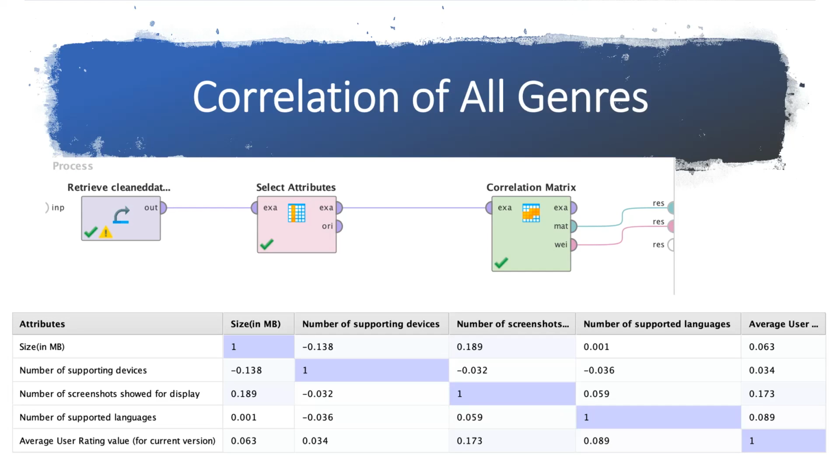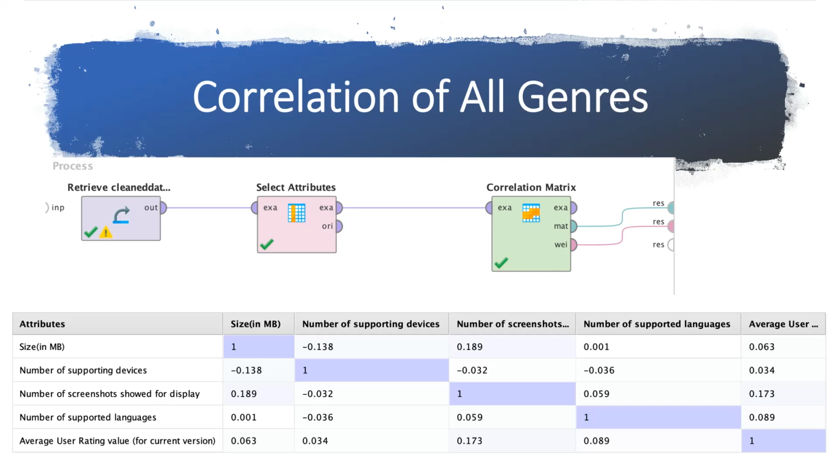Correlation shows the dependence or association between two random variables or bivariate data. First, we use the correlation matrix function in RapidMiner to calculate the correlation of all genres between each numeric variable. As it is shown in the second graph, the correlation is generally low.